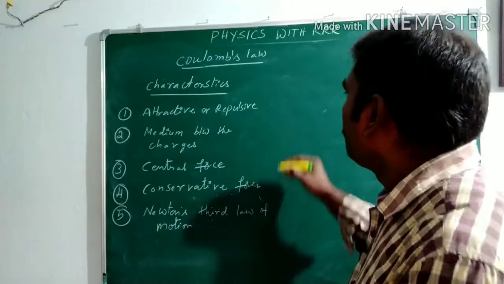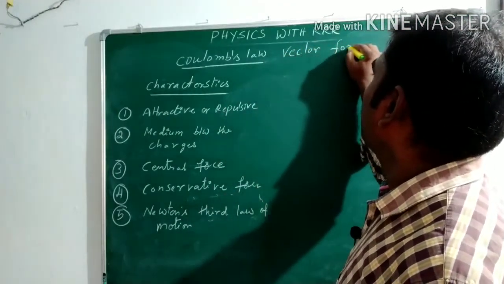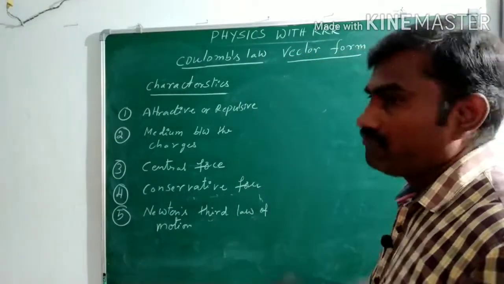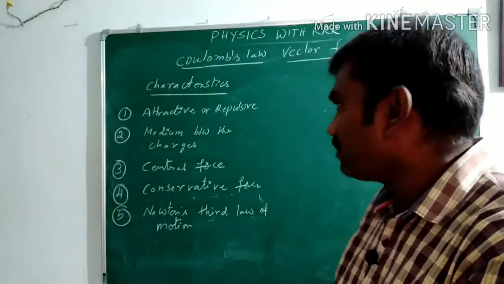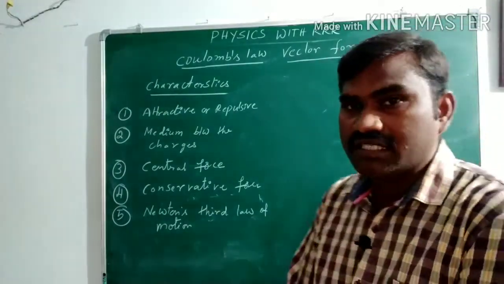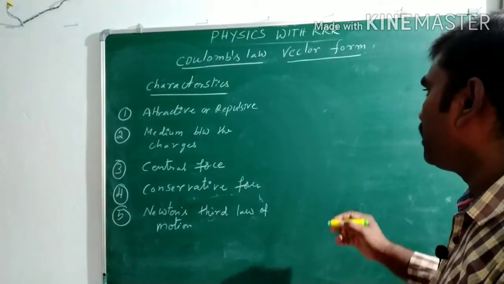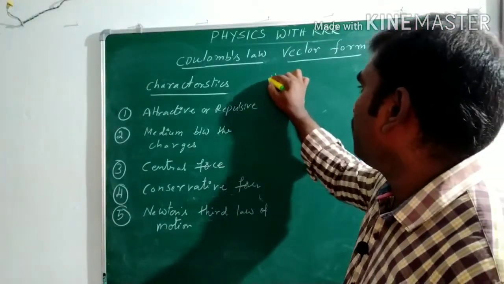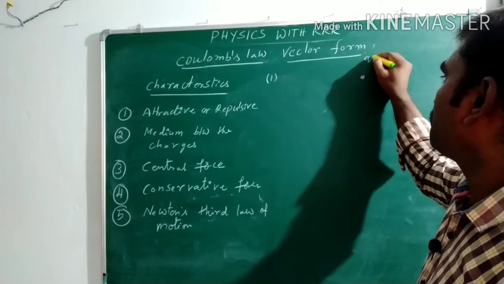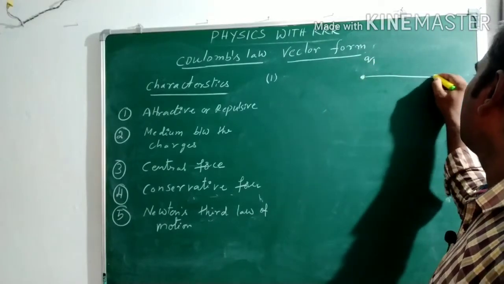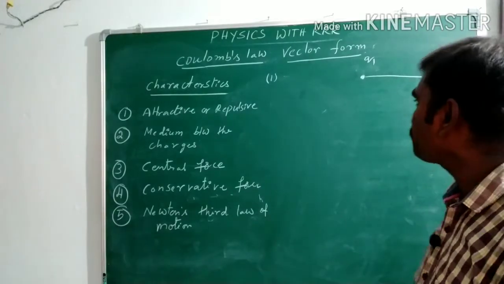Now, the vector form. Coulomb's law we can express in terms of vector form, because force is a vector quantity. Based on that, in the first case we can take like charges. This is of charge q1 and this is of charge q2.